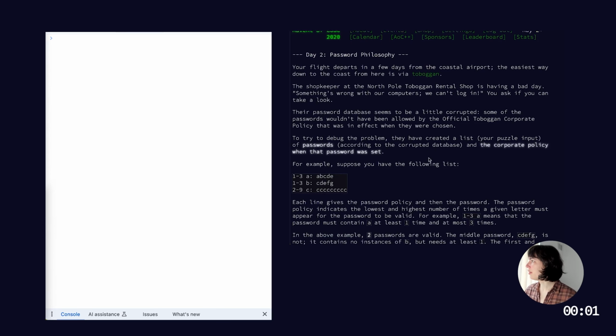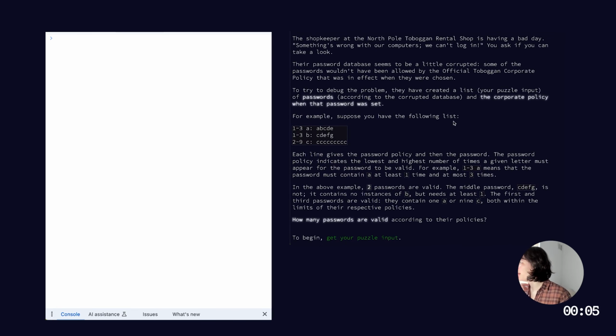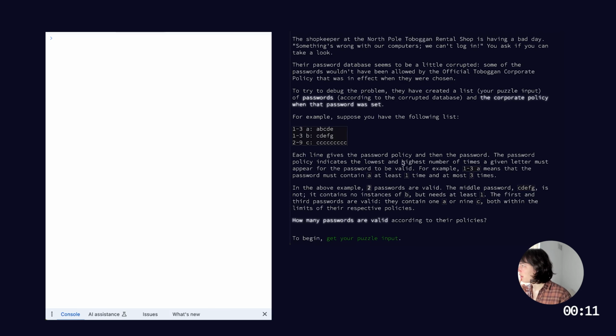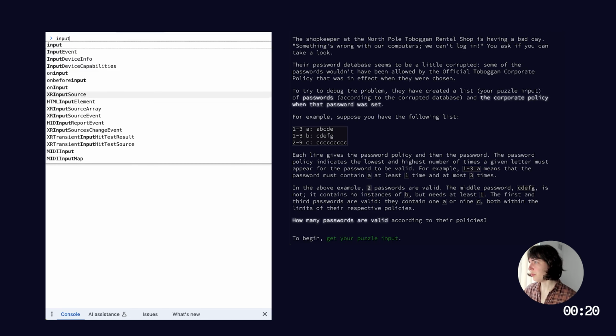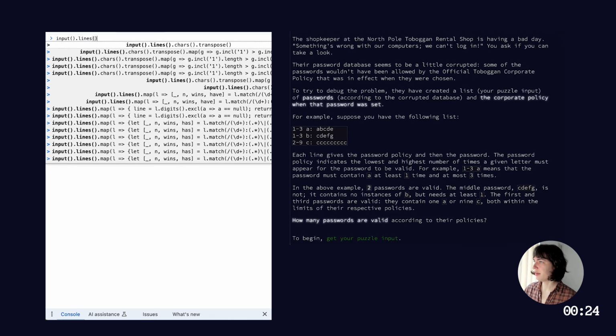Okay, good. How many passwords are valid? Yeah, 1 to 3 A's, 1 to 3 B's, and we've got that. Fine. Okay. Great.